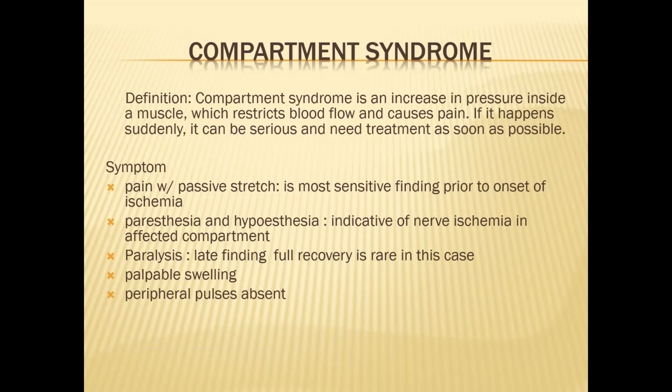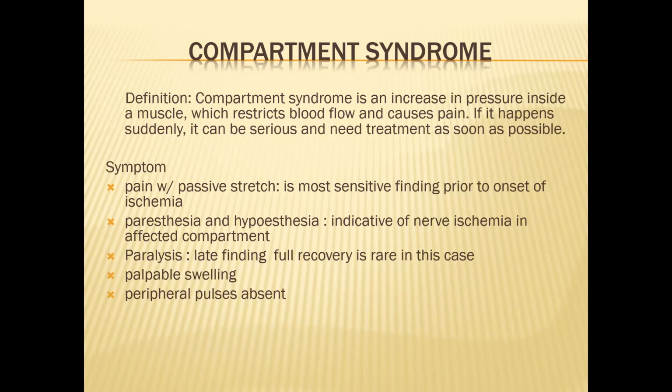Now we can see from this picture, the lower leg can be divided into 4 compartments: anterior compartment, lateral compartment, and the deep compartment and superficial compartment of the posterior side. All the blood vessels and nerves pass through these compartments. So injury to these vessels can lead to compartment syndrome.